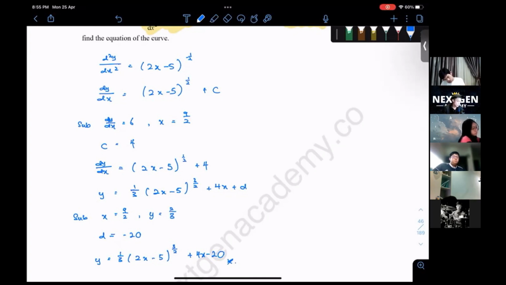And then the last one, which you all need to take note of, I want you all to practice more on this one: the area under the curve and area between, area bounded by a line and a curve. The one where you need to minus off the two equations, the area 1 minus area 2.